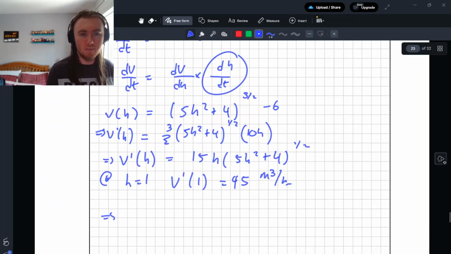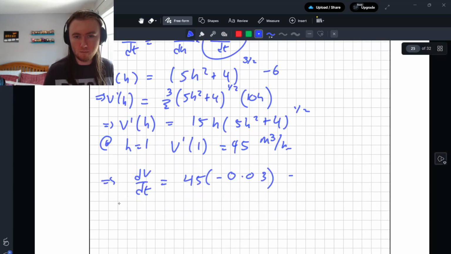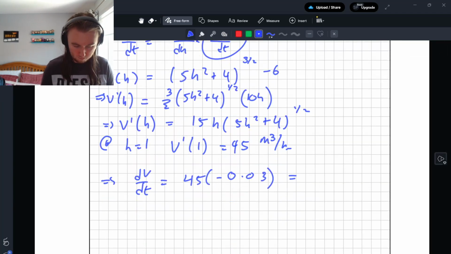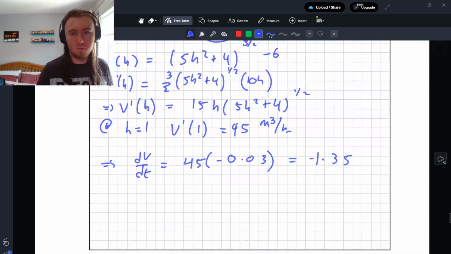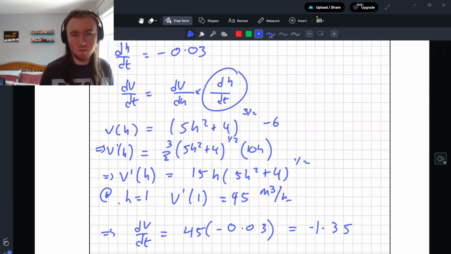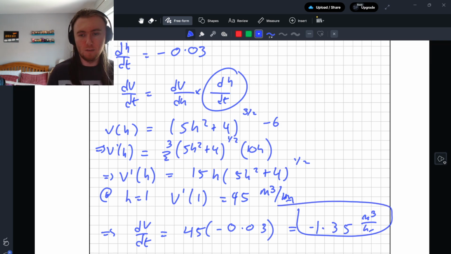So dV/dt is just 45 times minus 0.03, which is minus 1.35 cubic meters. Oh, sorry, that's cubic meters per meter. Okay, this one is the cubic meters per hour. I just mislabeled things.